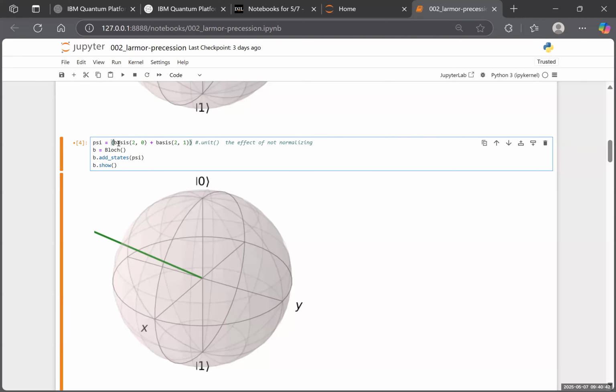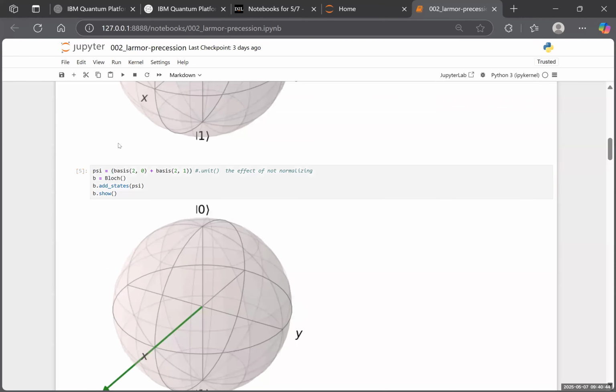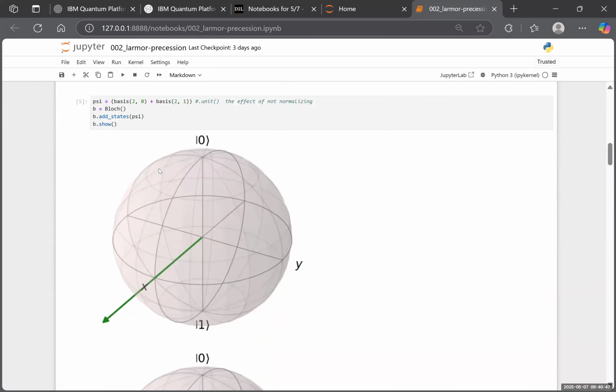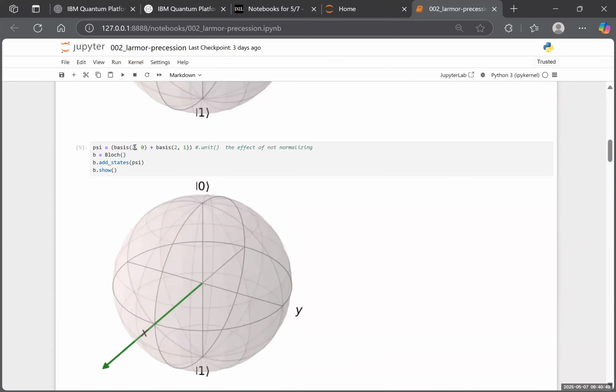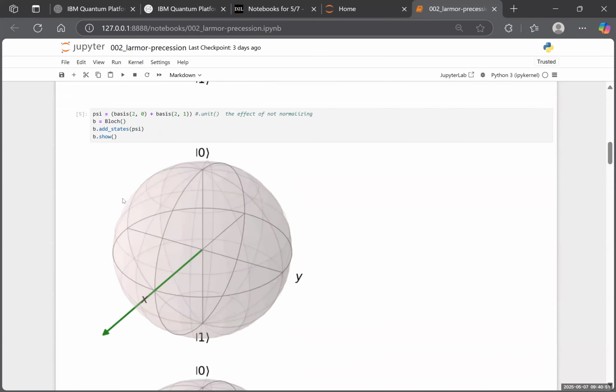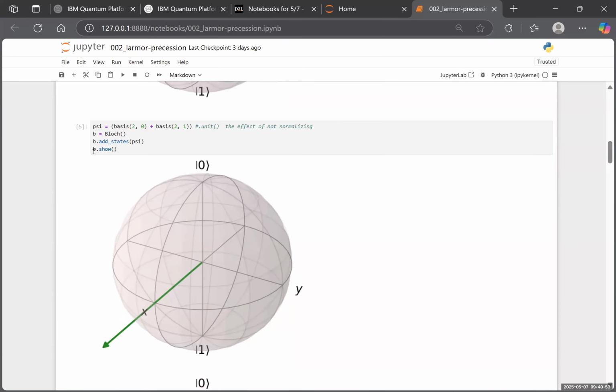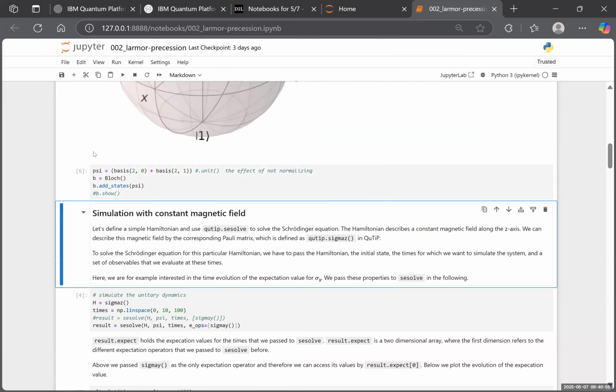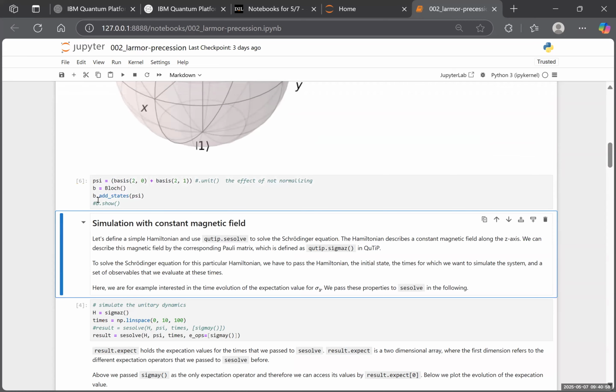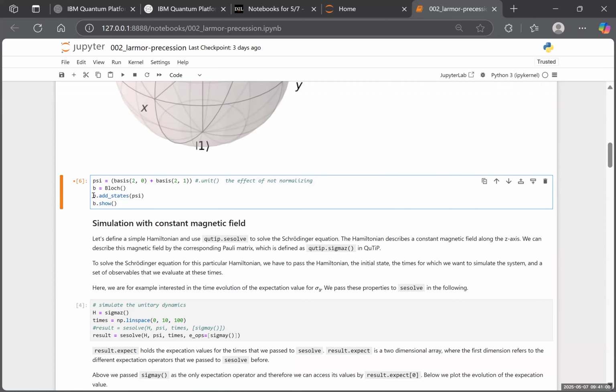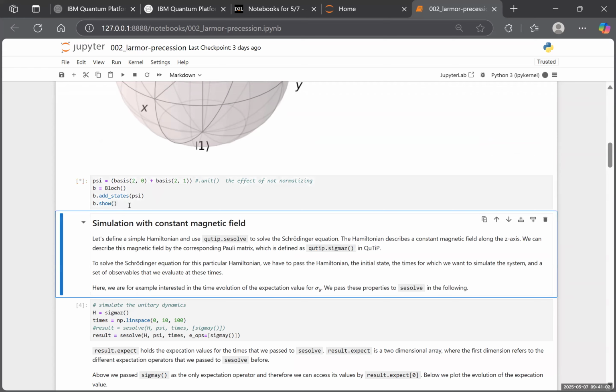Even if you just use 1, this error is too big. And I have no idea why it shows twice. Let's see if I remove this. Yeah, I have no idea why it shows twice.